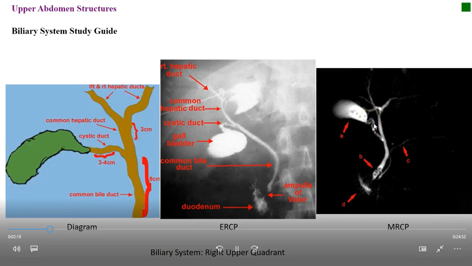These darker areas here may be stones. You might even see some darker areas here in the gallbladder itself. And then this image B here is showing some possible stones near the ampulla of Vater, and you see some contrast that's gotten into the duodenum. So those are some images of the gallbladder.